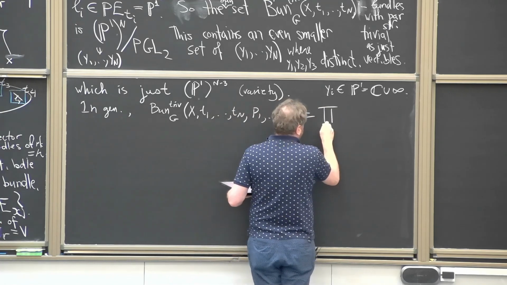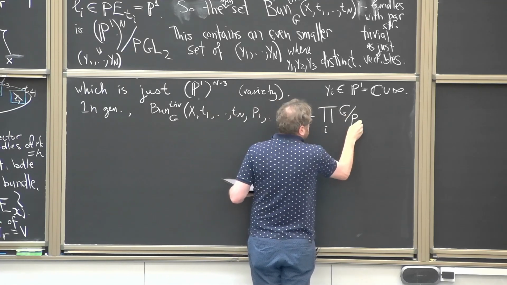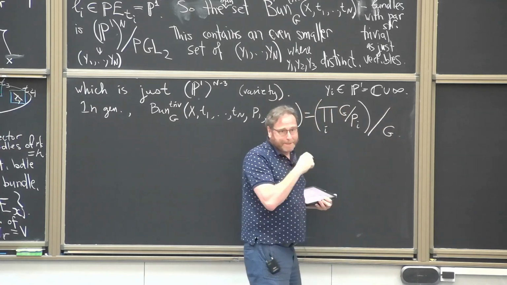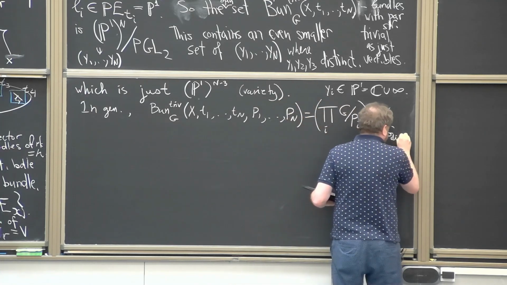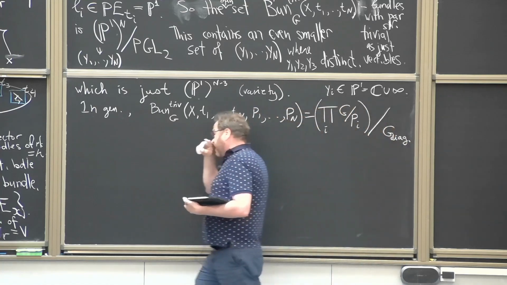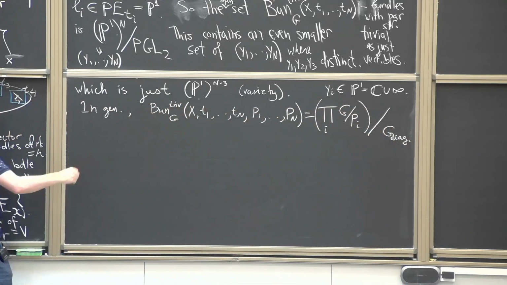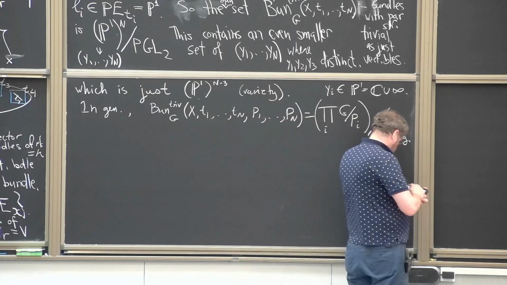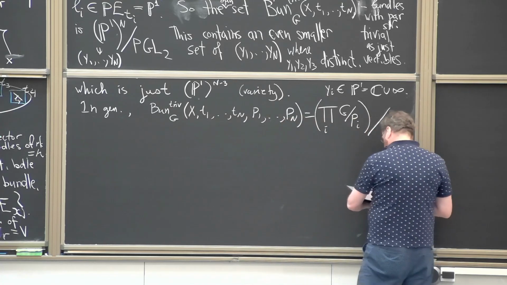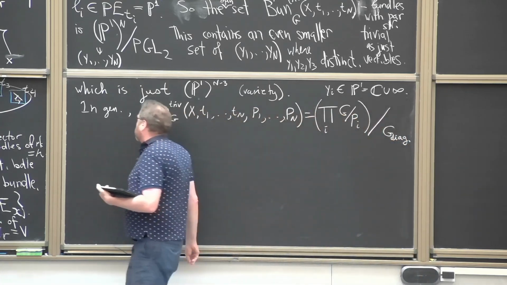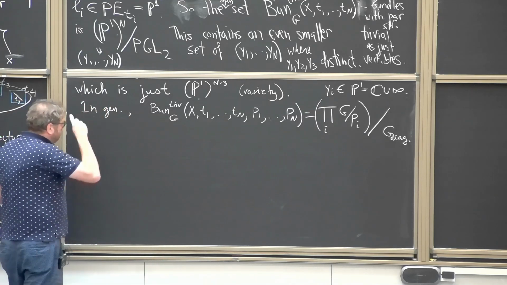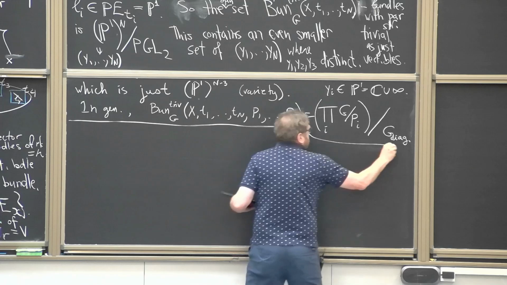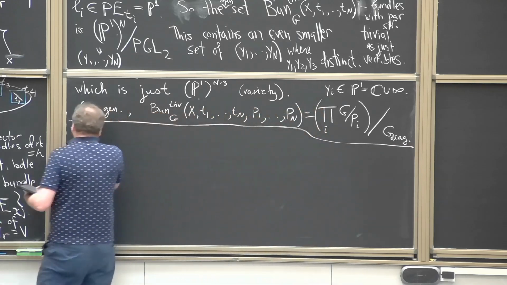It's the product over i of the flag manifolds G over Pi and quotient by the diagonal action of G. So this is still a stack, but it's much simpler than the general stack of all bundles. So now we can still talk about the Hitchin system. So the next thing is the Hitchin system with parabolic structure.